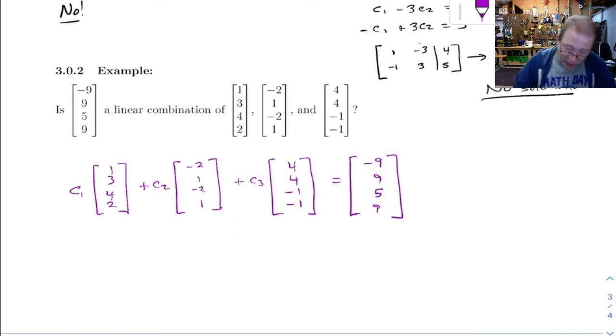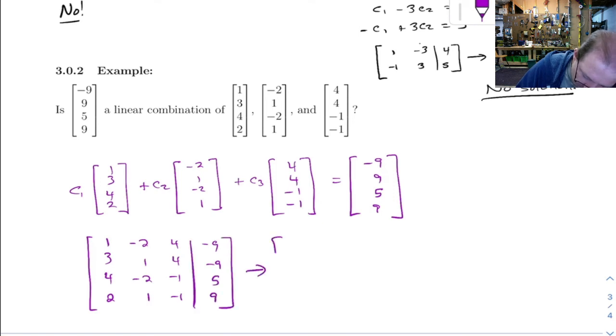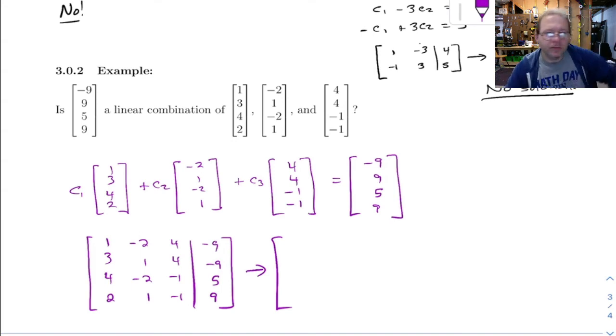And again, the way to do this is write it as an augmented matrix, and then we're going to row reduce it. So let's use Octave to do that. And at this point, notice really all we're asking is, is this a linear combination? So we're really just looking, does it have a solution or not?